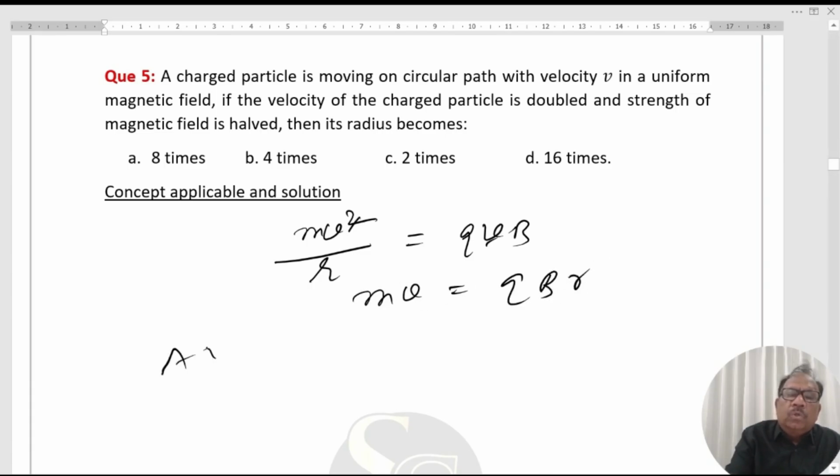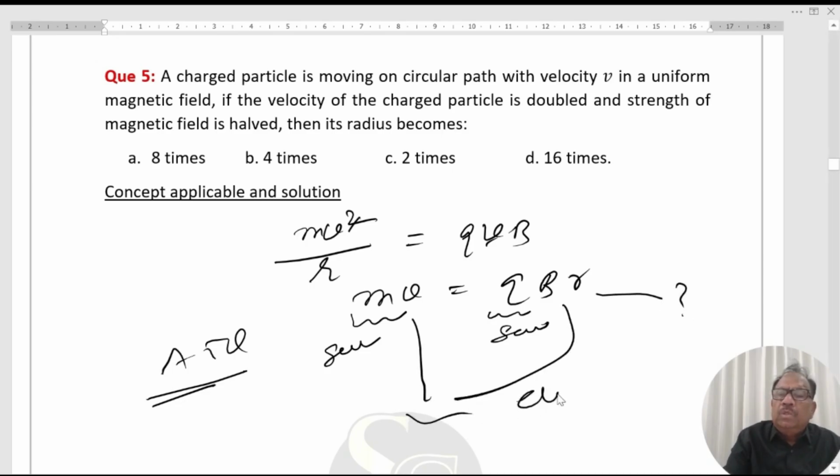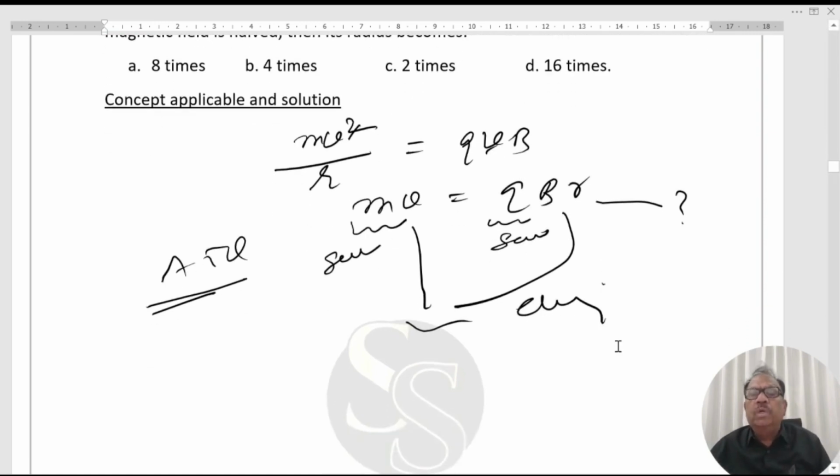Now, according to the question, the charged particle means the same charge particle. This is same, this is same. What is changing? This is changing, this is changing. We have to find this. Which are the same, those have to be taken as constant of proportionality.